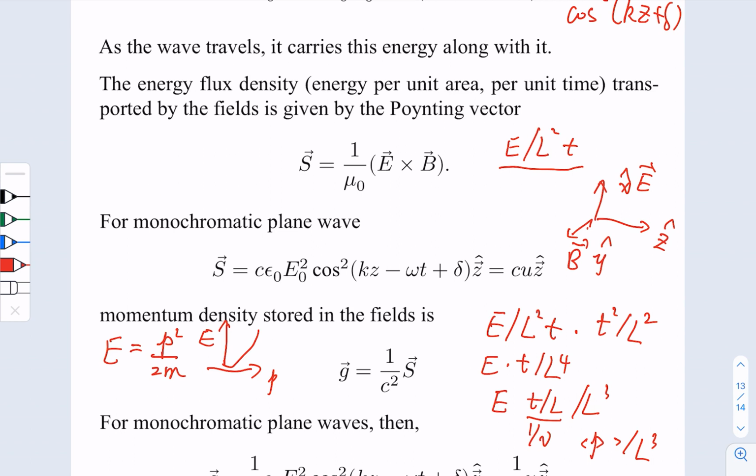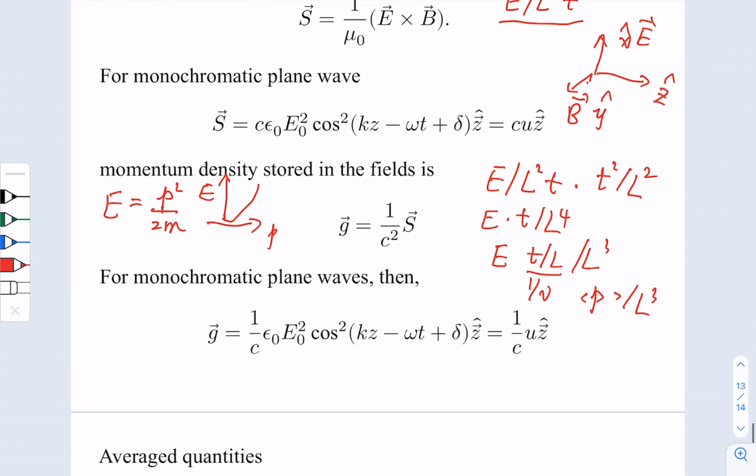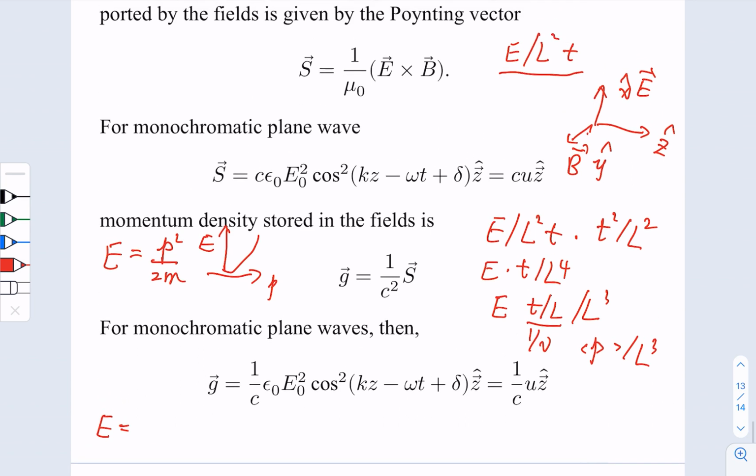But for light, the energy is only linearly proportional to the frequency omega. And you can see that the energy as a function of momentum for light is actually linear. So the larger the momentum, the larger the energy of that photon is.